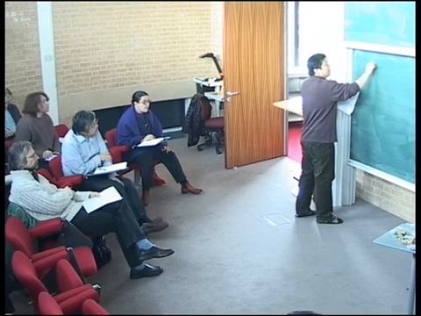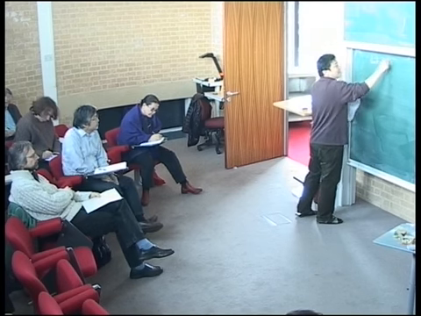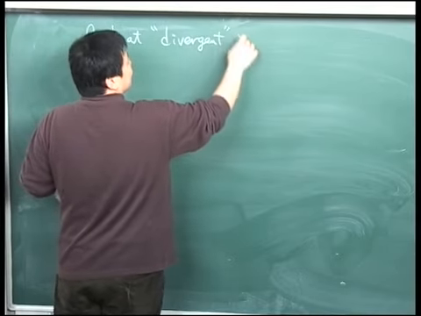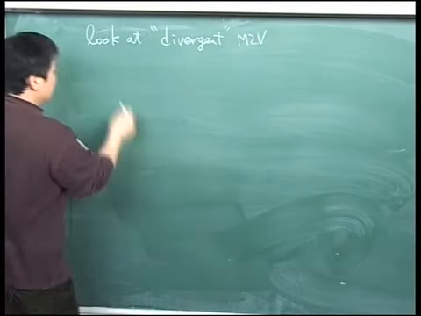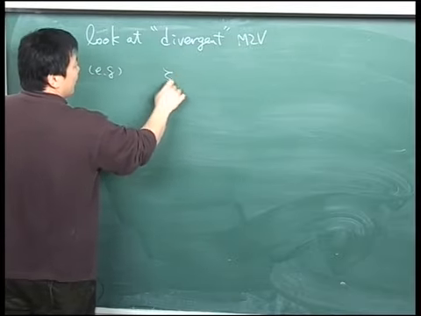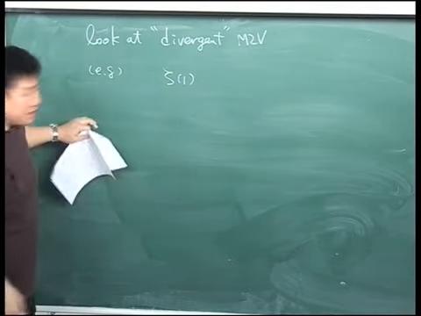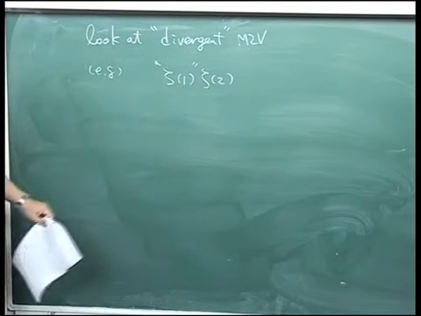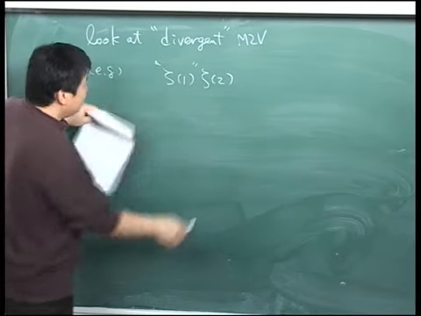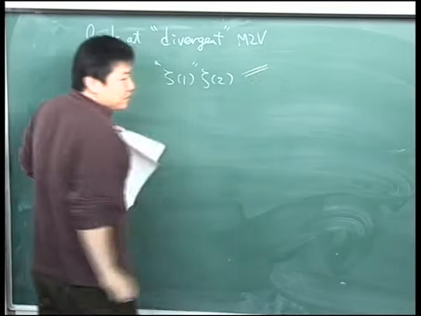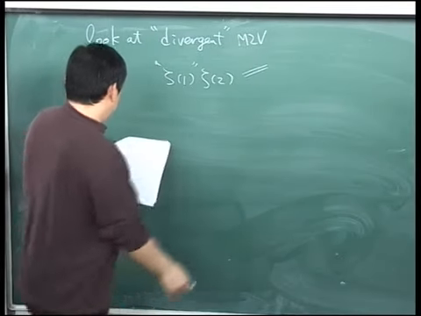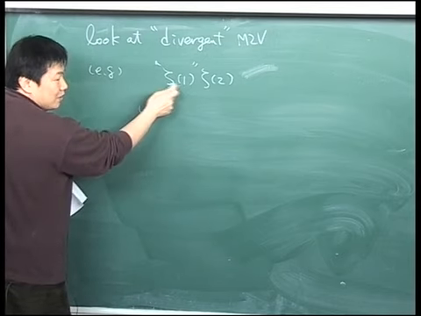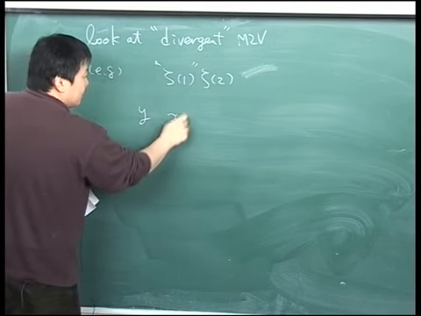So look at the divergent multiple zeta values. For example, zeta 1, this is nonsense. But if we think of this product formally, you can compute both products, the shuffle product and the harmonic product. The corresponding word is y for zeta 1, and zeta 2 is xy.